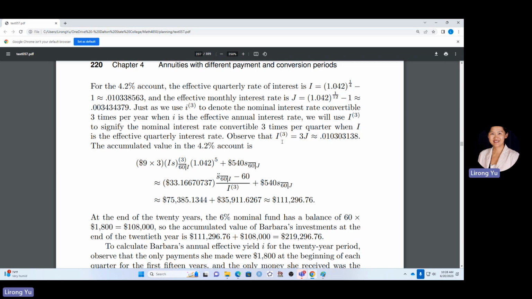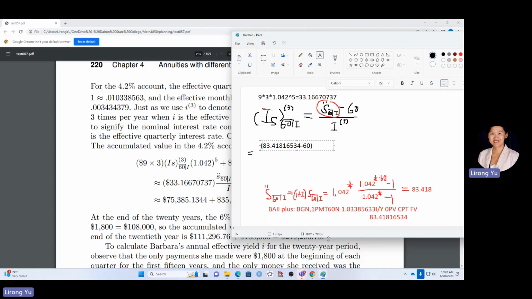Now, divided by i3. i3 is 3 times j, and j is a monthly interest rate. Now, this is really applying the formula that was given by the book. May not be the best one, but I do try one other method. 1.042 to the power of 1/12. This is a monthly interest rate. And then minus 1. Okay, so that is what we mean to calculate.